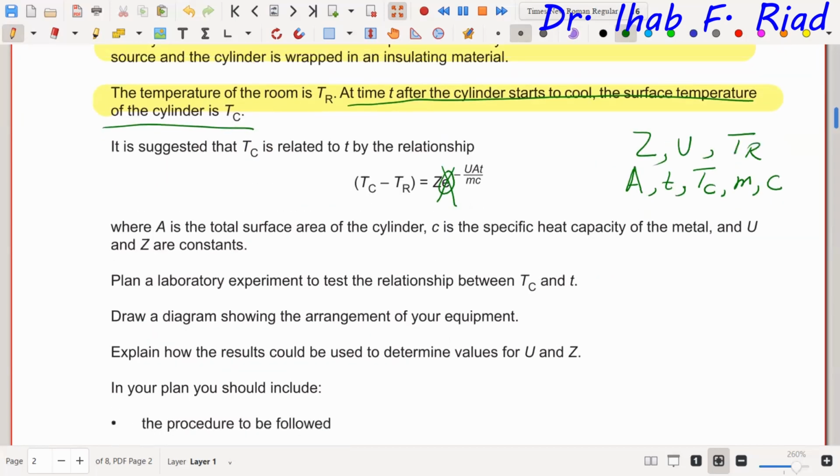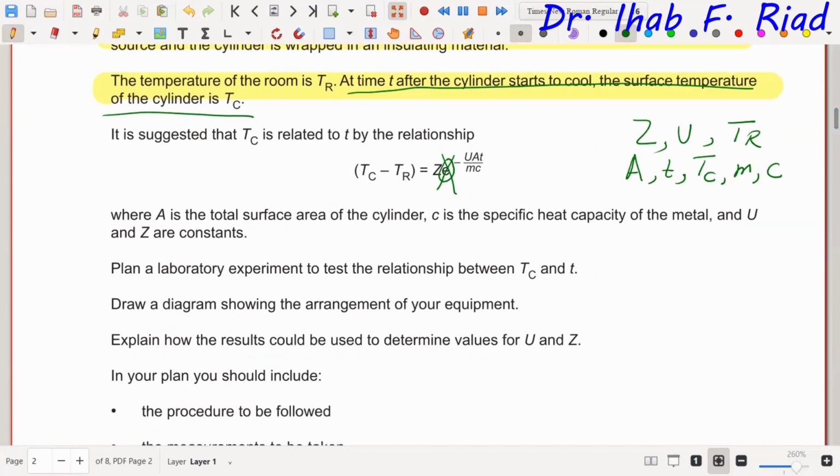Now, can you decide from here which one is going to be the independent and which one is the dependent? The dependent is the TC, right? And independent is T, the time, right? Yes.